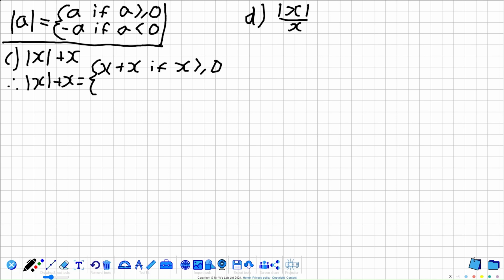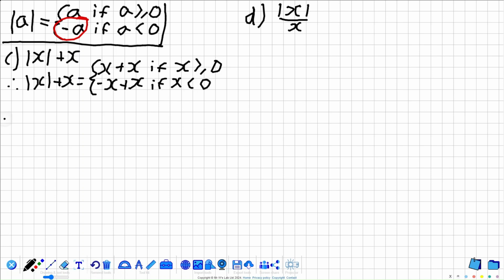And now for the next one, the negative that we've got up here will only end up applying in this circumstance to the x that's in the mod. So we'll have -x + x if x is less than 0.